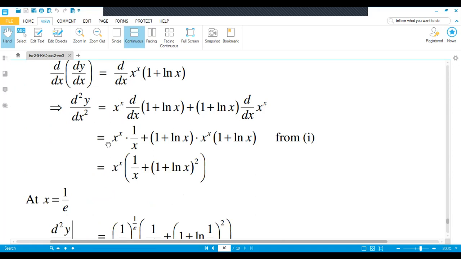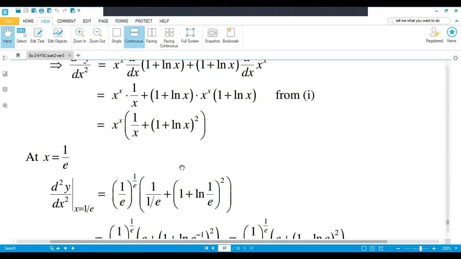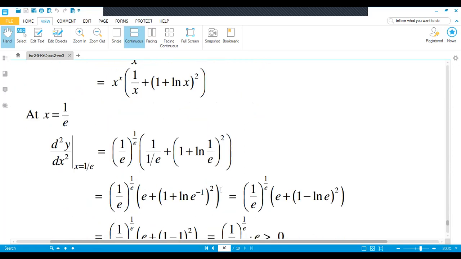So x power x is common, we take it common, we get 1 over x plus 1 plus natural log of x whole square. Now in this we put the stationary point x equal to 1 over e. So 1 over e power 1 over e, 1 divided by 1 over e plus 1 plus natural log of 1 over e whole square.